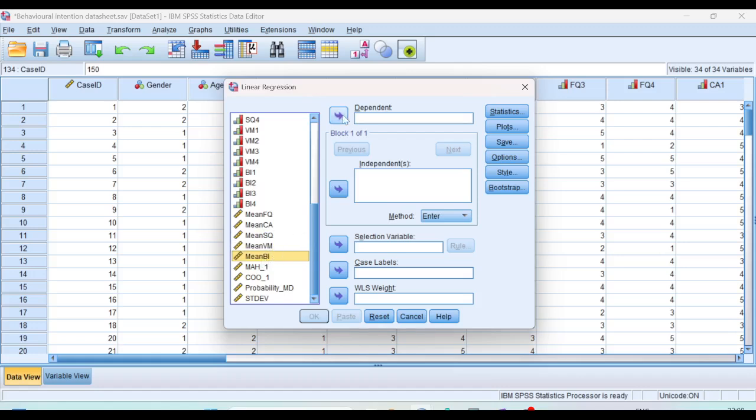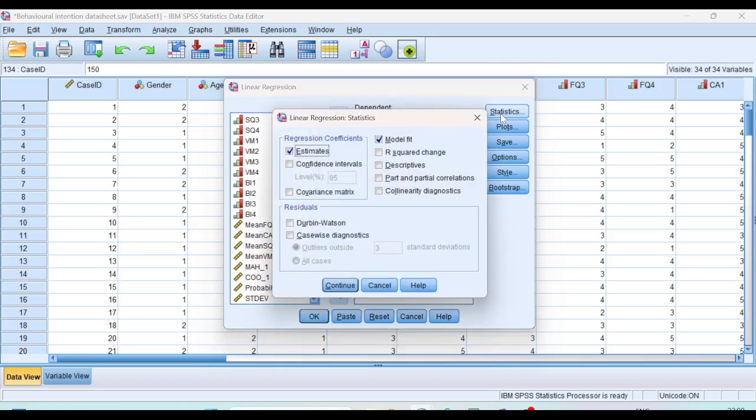So I put it in dependent, and my independent variables, mean of food quality, mean of cultural authenticity, mean of service quality, and mean of value for money, in independent. So here in statistics, we will check collinearity diagnostics. This will give us the multicollinearity assessment through the tolerance and VIF values.